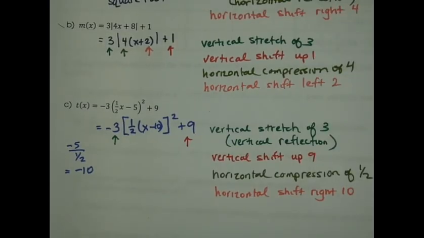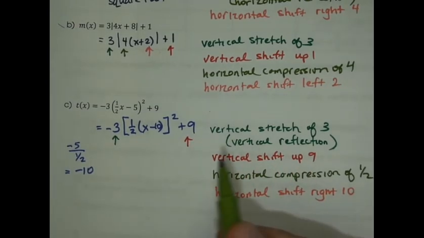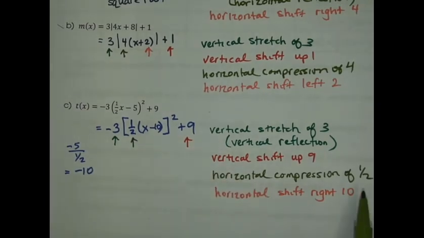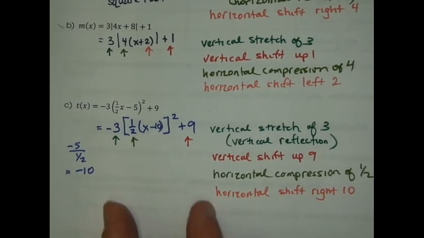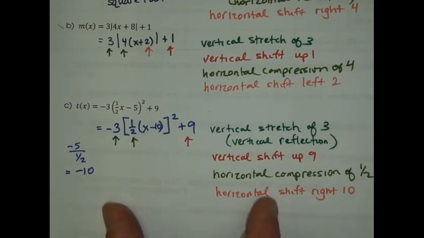So if I'm looking at this, this is what we found. We had a vertical stretch of 3, and we have a reflection because it's negative. We have a vertical shift up 9. We had a horizontal compression of 1/2, which just means that instead of the unit being that length, it's going to be compressed halfway. Well, if I take that compression, it actually will be stretched by 2.